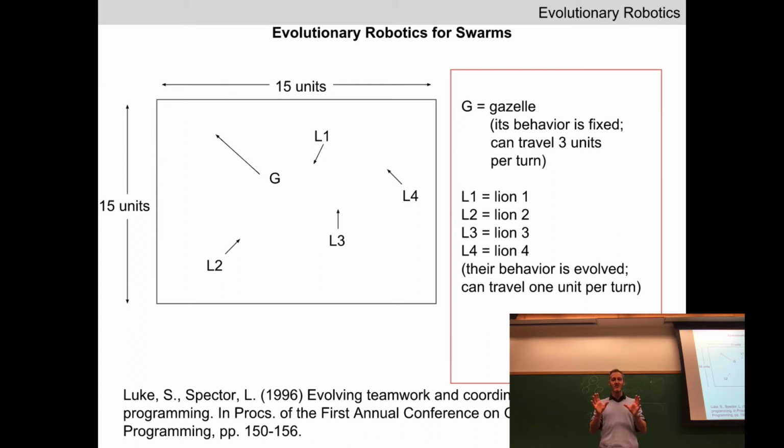So at every time step, the gazelle is going to update its position, and we're going to visualize this with vectors, so you can see where G is going to end up at the next time step, and you can see where each of the 4 lions is going to end up at the next time step. So the disadvantage for the lions is speed, but the advantage for the lions is if they're able to, they can coordinate their behavior to capture the gazelle.